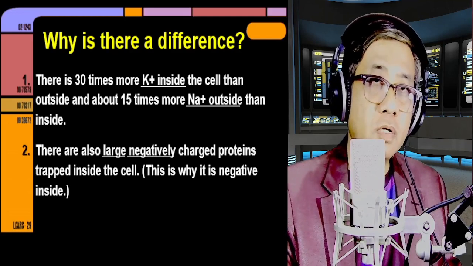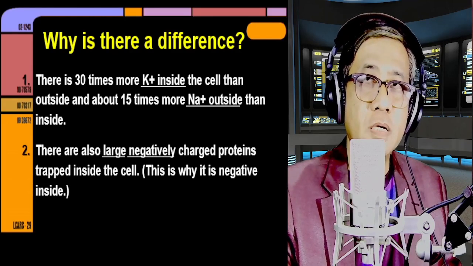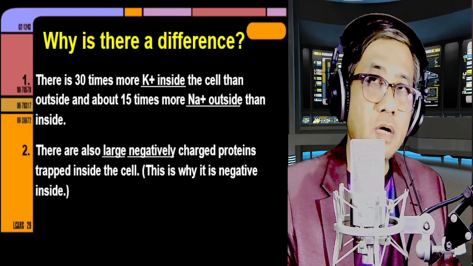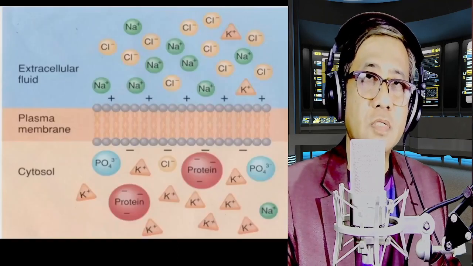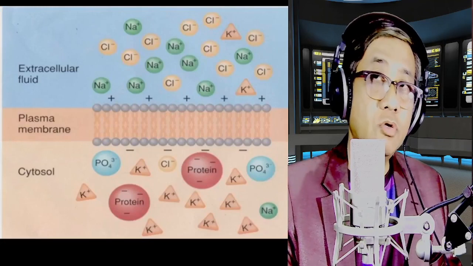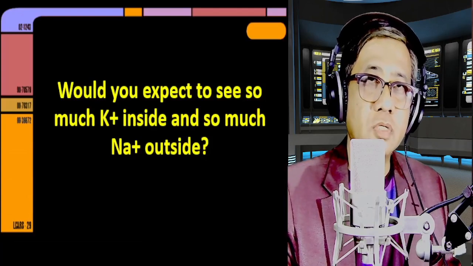And there are also large negatively charged proteins trapped inside the cell. That's why the inside of the cell is negatively charged and outside is positively charged. So this is what happens when the neuron is in a so-called resting membrane potential.